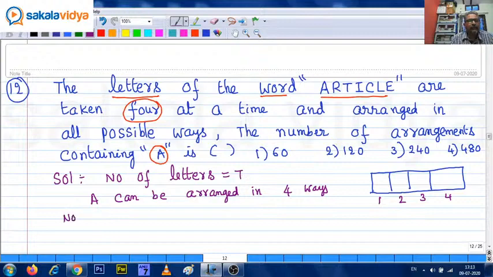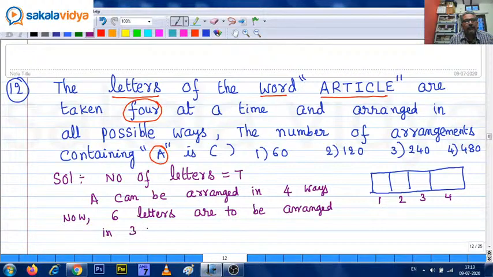Therefore, the 6 letters are to be arranged in 3 places, in 6P3 ways. 6P3 is 6 into 5 into 4, which is 120.